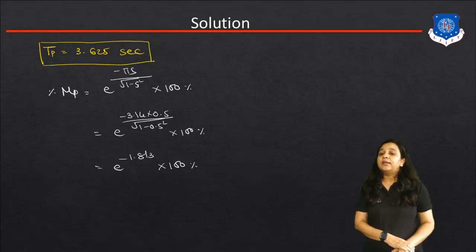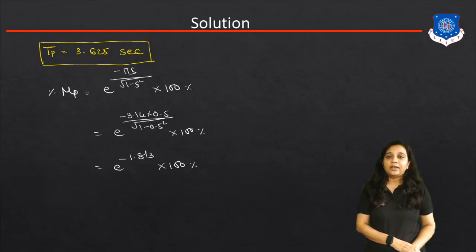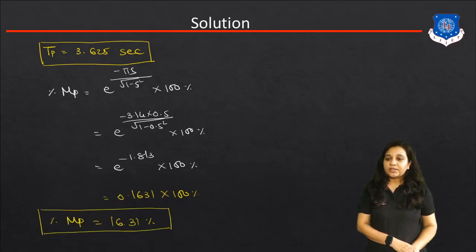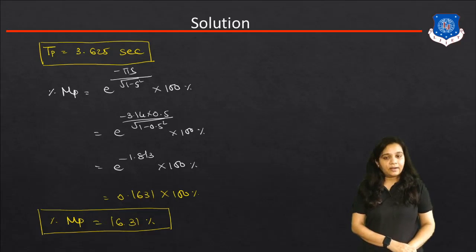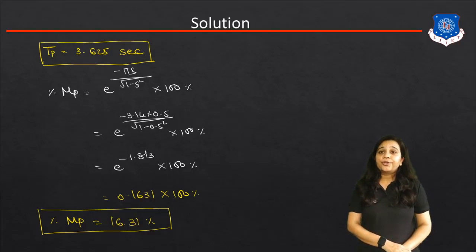So we get e^(−1.813) × 100%. So Mp is equal to 16.31%.